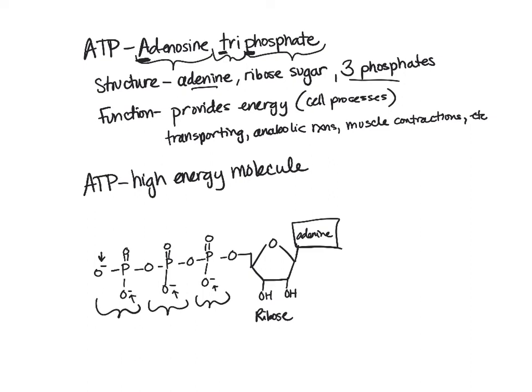Negatively charged, and then over here we've even got partial negative charges, lots of negative oxygens on our phosphate groups. Now, if we think of magnets, there's a positive charge and a negative charge. If we take two magnets and we put them together, the positive is attracted to the negative, just like we saw in our ionic bonds, for example, or even our hydrogen bonds with a partial positive, partial negative.